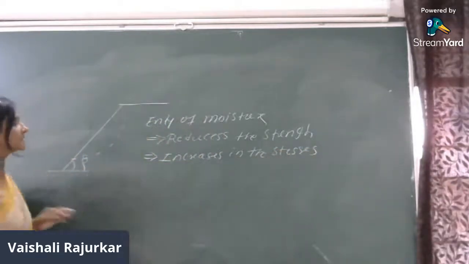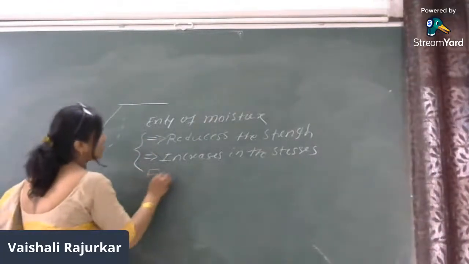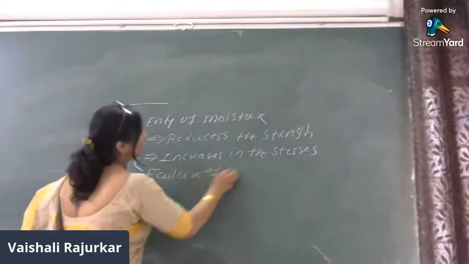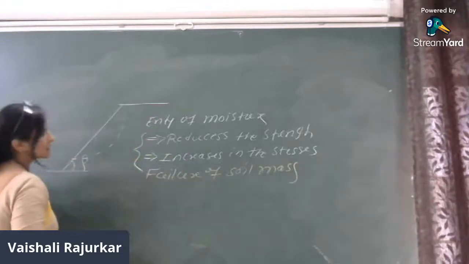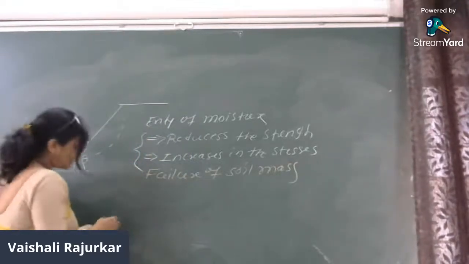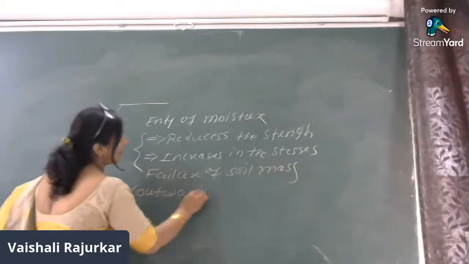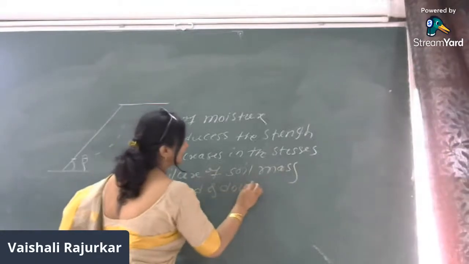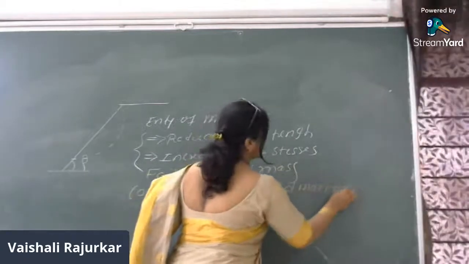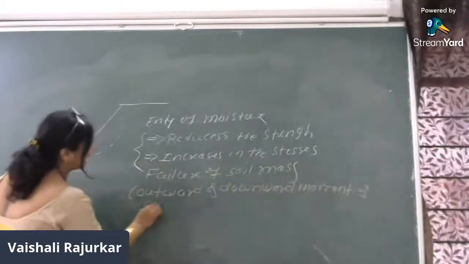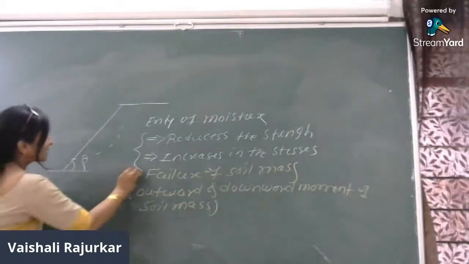Due to both these things, the result is failure of the soil mass. When there is a failure of the soil mass, which is outward and downward movement of the soil mass, that is called a landslide.